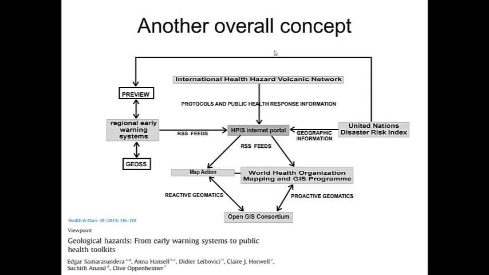And then we have information about what to do under various situations. The idea is to bring this information together and feed it out to health professionals. The important thing to know about all these diagrams is that they're very high-level conceptual diagrams of how systems are, what the data is, how the data is connected, who it's supplied to. And that's about the level of detail that you want.